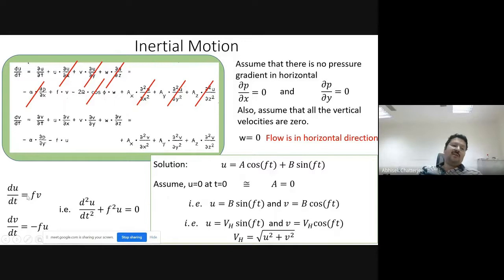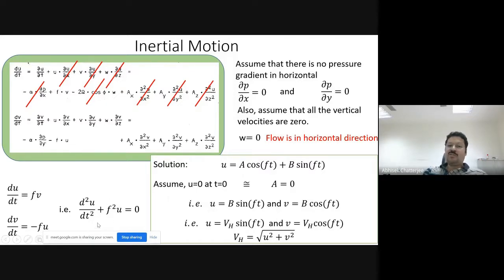How can you do that? If you take a derivative of this equation with respect to t, you will have d square u dt square equals f dv dt. So if you replace the dv dt from this equation, you can replace it by minus fu. So if you do this, then the equation will be this way.